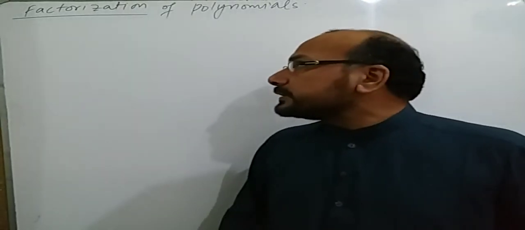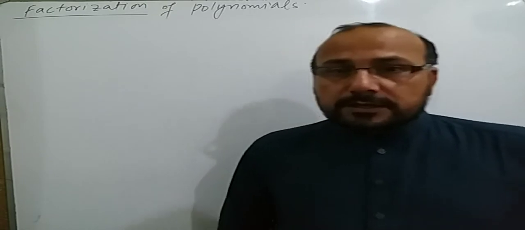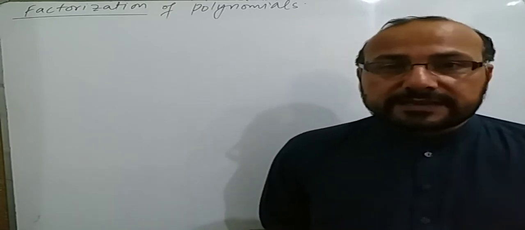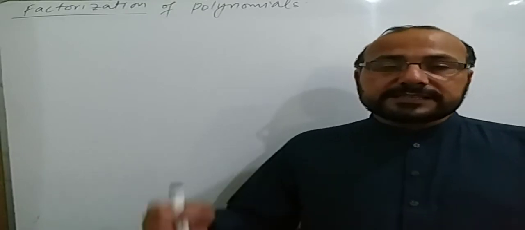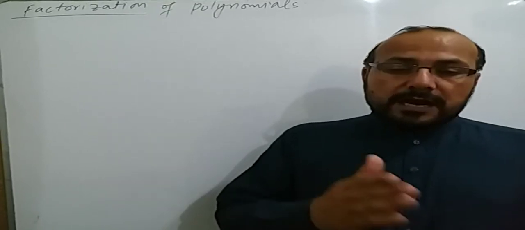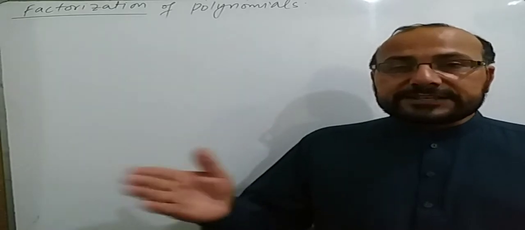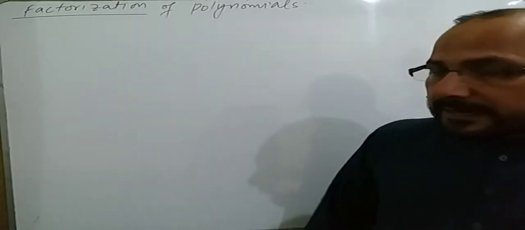Now factorization of polynomials says that first you need to understand factorization. In the previous class I shared a video related to factorization. Factorization is basically the conversion of an algebraic expression from addition or subtraction into multiplication, just to write it in multiplied form.